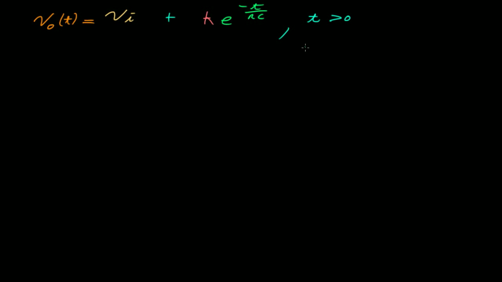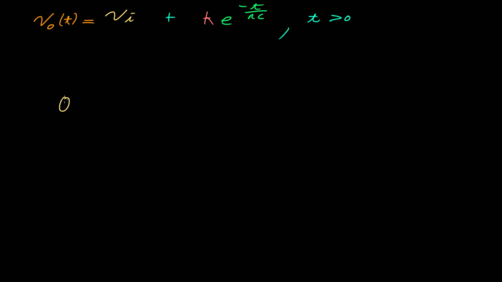Before time equal to 0, we don't necessarily know what the solution is, even though we're actually about to find that out. So this is the equation we have: V out as a function of time is equal to our particular solution, VI, plus some constant K times e raised to the minus t divided by RC.